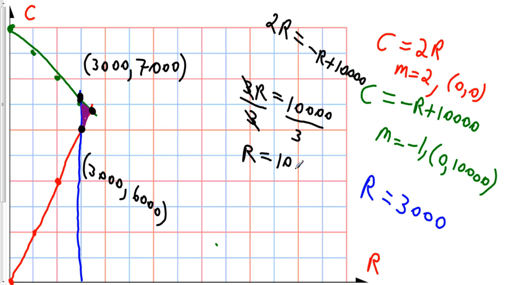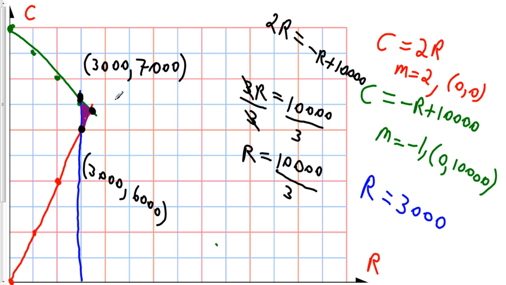And a third of 10,000 is what we have for the value of R. And then once we know the value of R, we can use that to find the value of C for this ordered pair right here. We already know that R is 10,000 over 3, and 10,000 over 3 is $3,333.33.